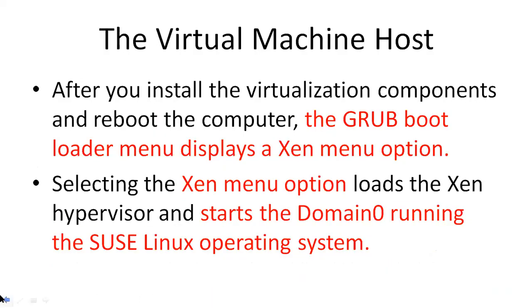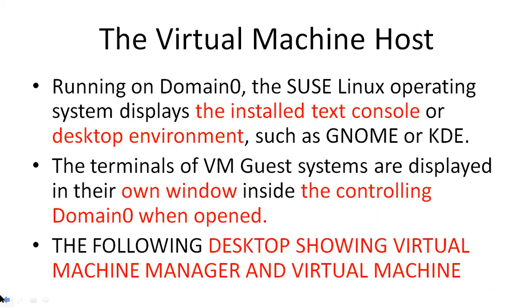Selecting the Xen menu loads the Xen hypervisor and starts the Xen domain 0 running the SUSE operating system. That is the host operating system. Running on domain 0, the SUSE Linux operating system displays the installed text console.